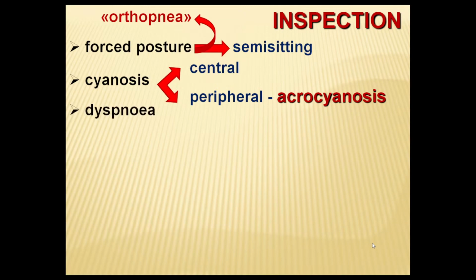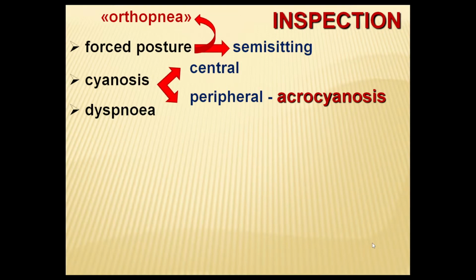We can see difficult breathing of the patient. Usually we breathe through the nose and our breathing is invisible. We can talk and eat together with breathing, and this process does not restrict our breathing. A patient in progressive heart failure begins to breathe through the mouth.